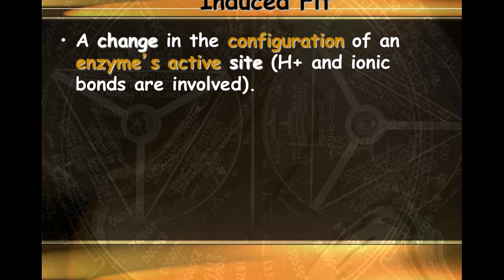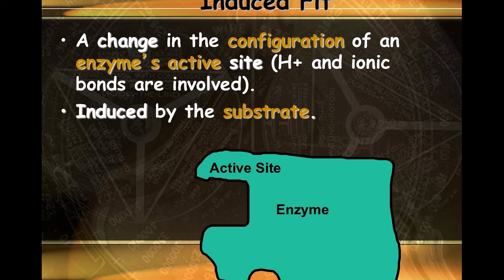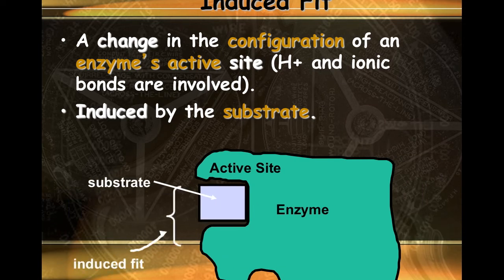A change in the configuration of an enzyme's active site, where hydrogen ions and ionic bonds are involved, induced by the substrate. So induced fit is when your active site is going to wrap around that substrate.